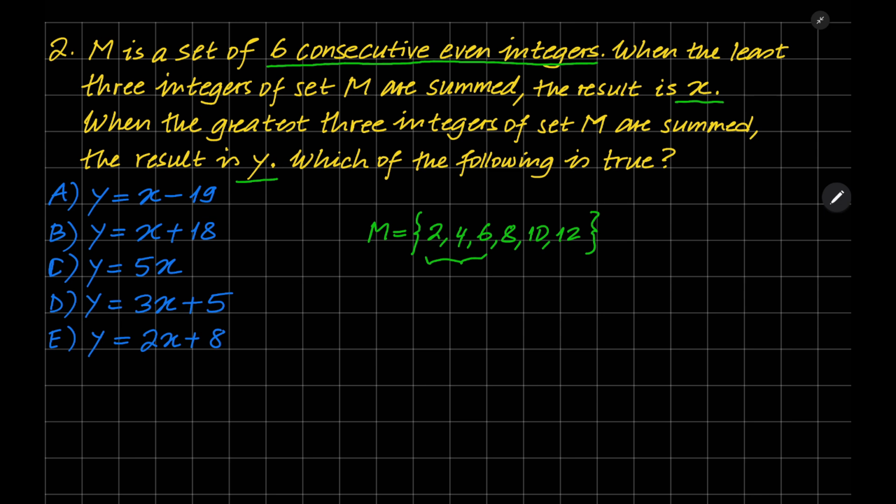So X is equal to 2 plus 4 plus 6, which is equal to 12. And the sum of the greatest 3 is 30. Then Y is equal to 8 plus 10 plus 12, which is equal to 30.